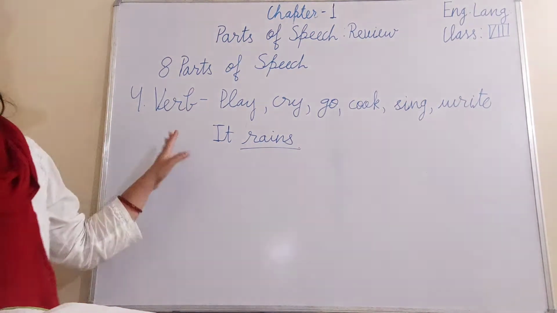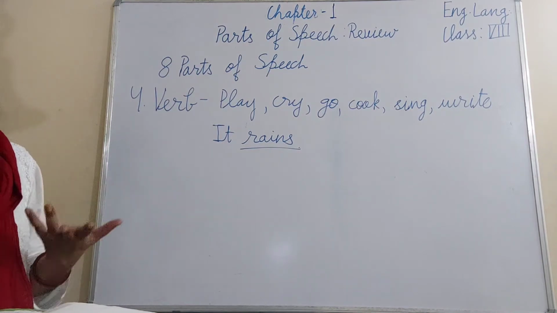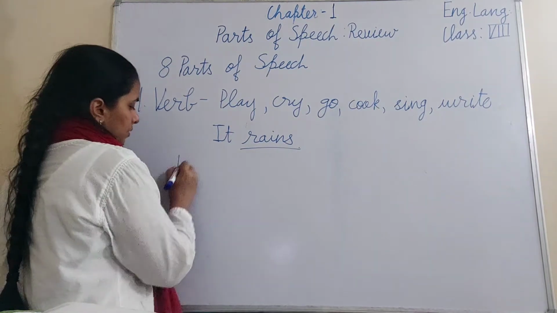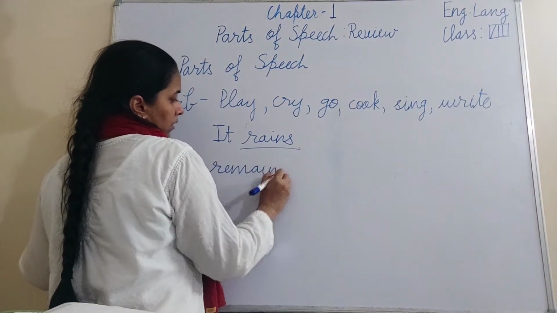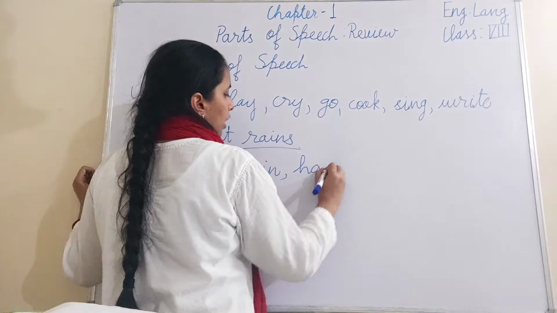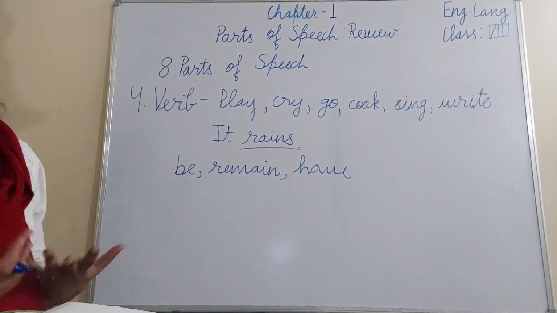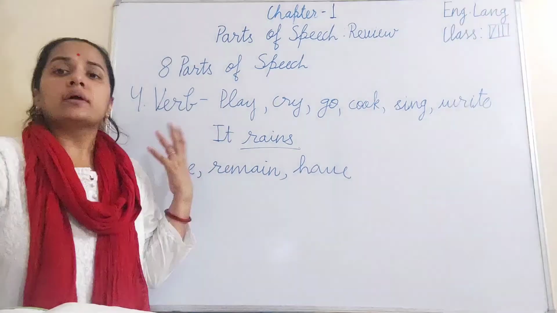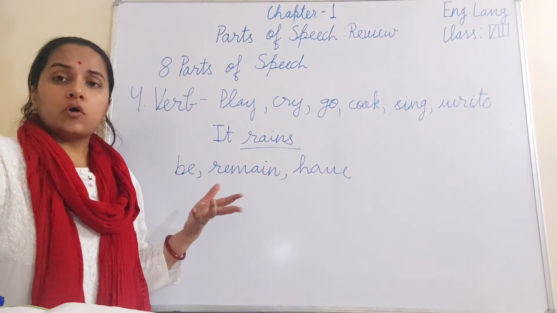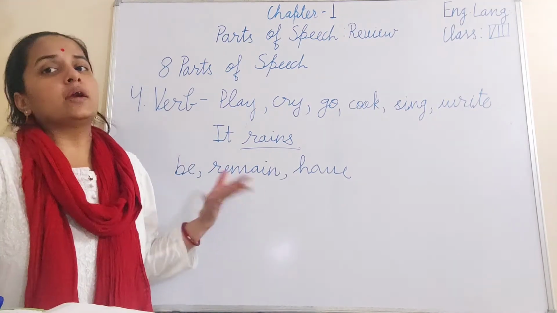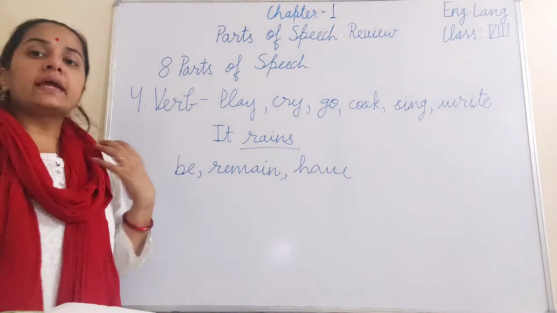Now, apart from these main verbs, there are some verbs like be, remain, have, and some others which show or describe a state or condition. The be is used in all the forms like is, am, are, was, were. So this is the verb, like I'm happy.